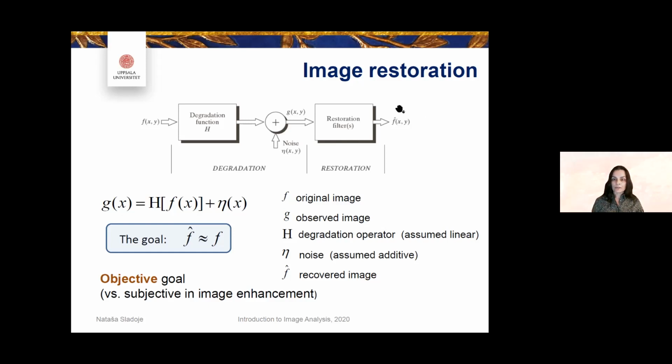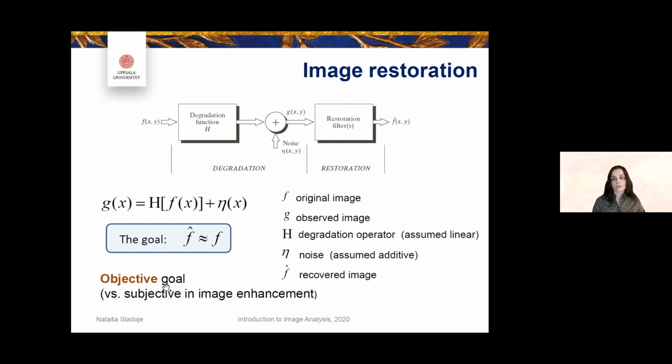What we have as a result of restoration is an approximation of the original image. Therefore, this hat here in the notation, we call it the recovered image. The objective goal of image restoration is then to recover the image F hat, which is as similar as possible to the original image F.